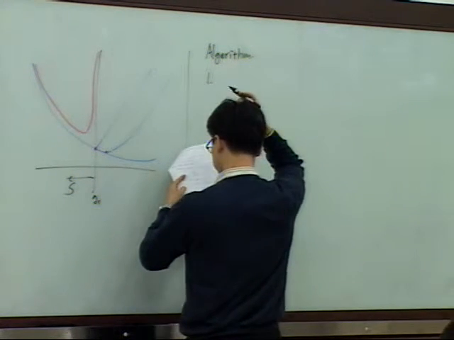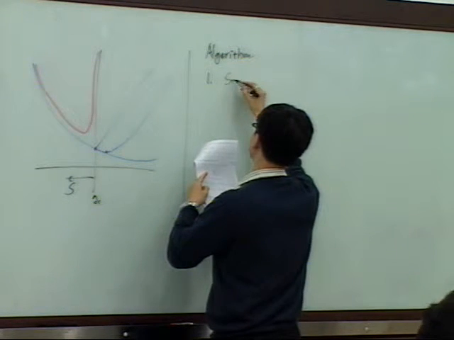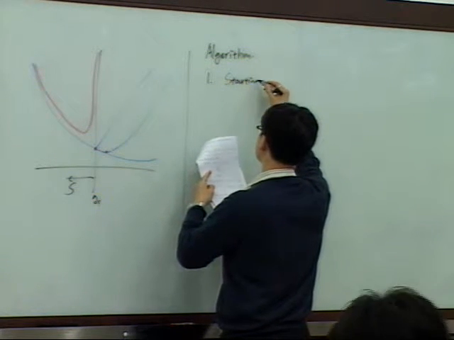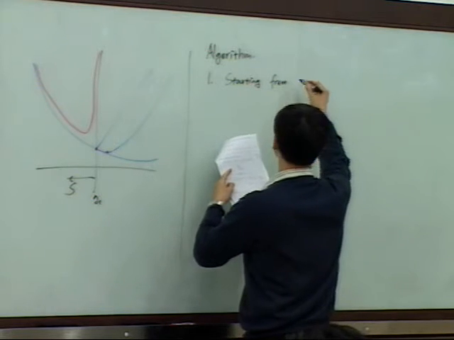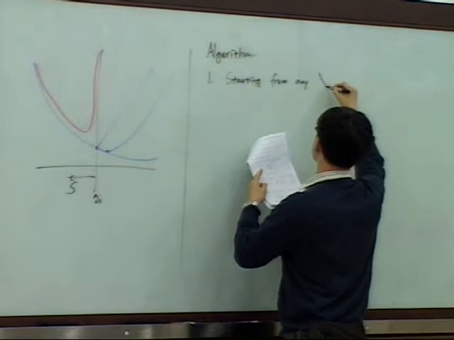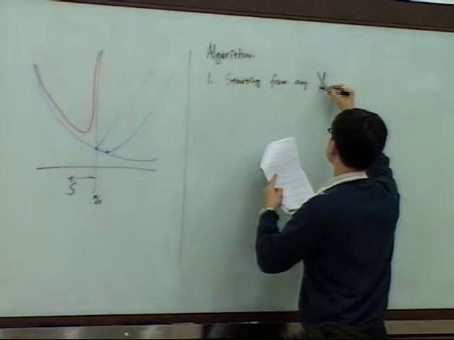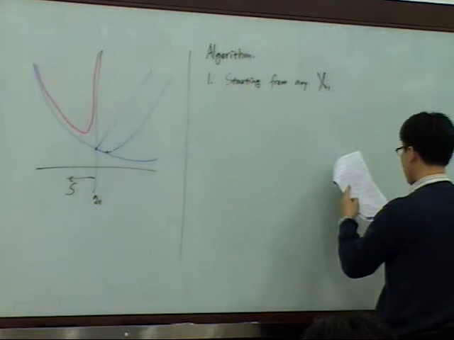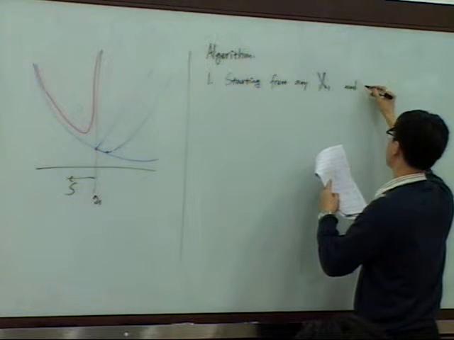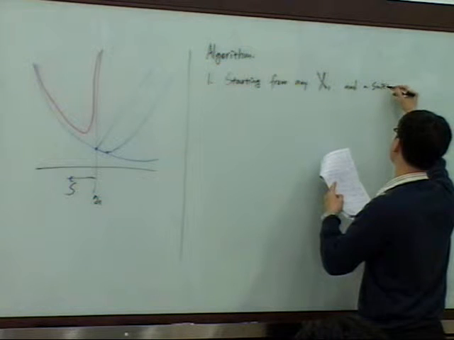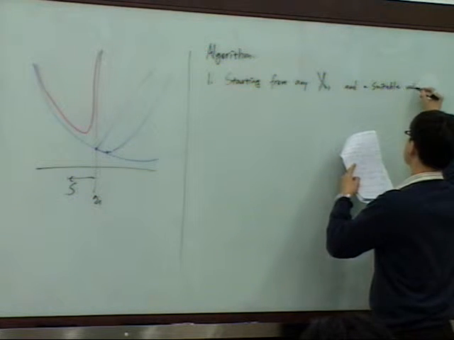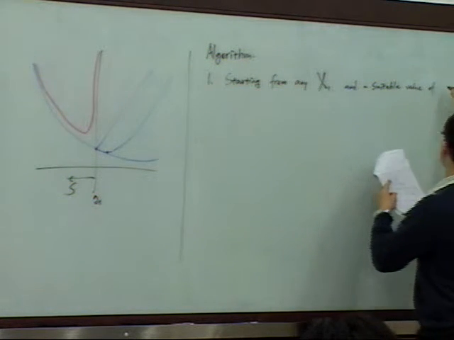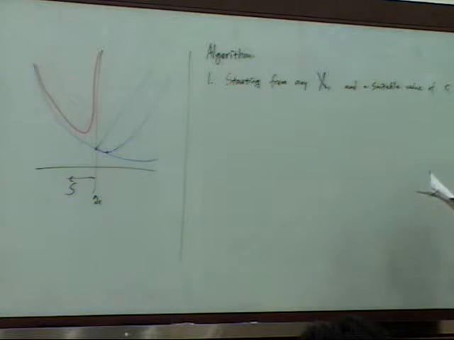Okay, let's see the algorithm. First one, starting from any x sub 1 and a suitable value of r sub 1, and your counter is set as 1.